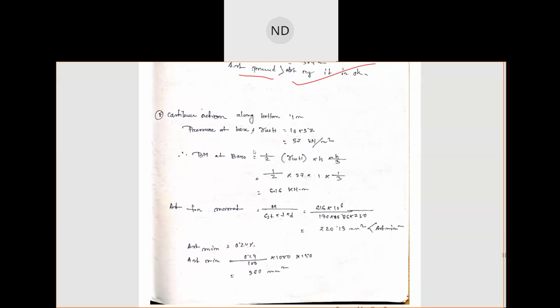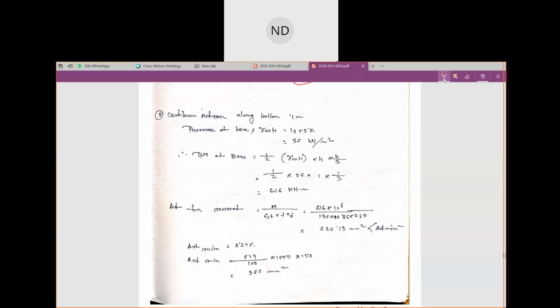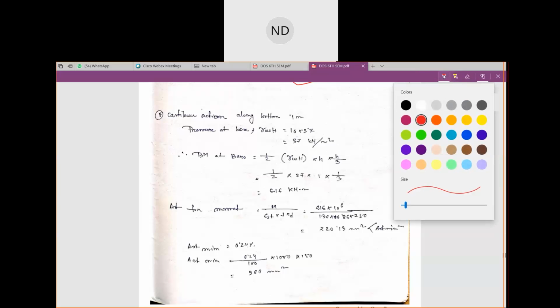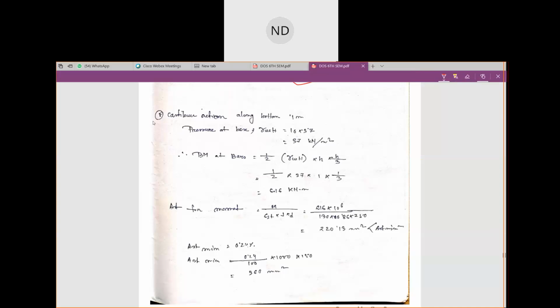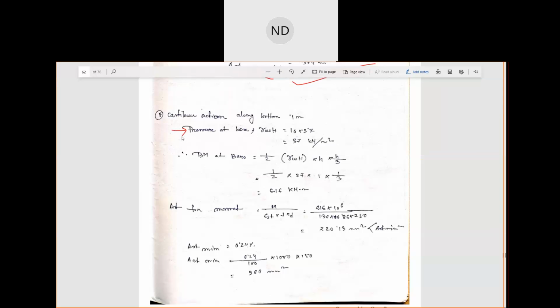So here h is equal to 1 meter distance. The pressure here is how much? The pressure is gamma w into h.